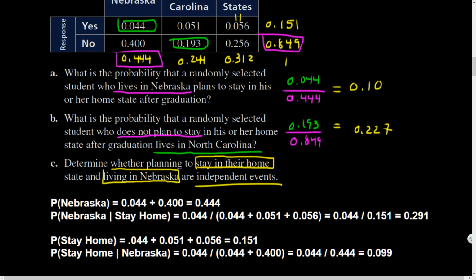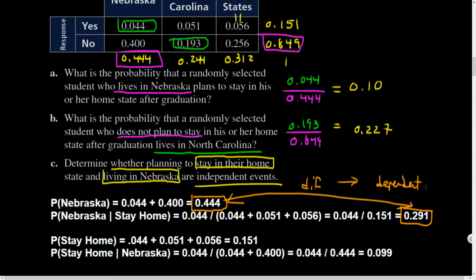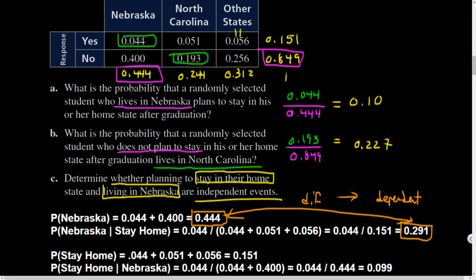And now because this value and this value are different, therefore these events are dependent on one another. So there seems to be some sort of influence that living in Nebraska has with wanting to stay home after you're done high school. All right, so that's what that's indicating.